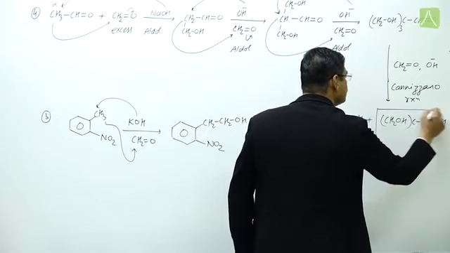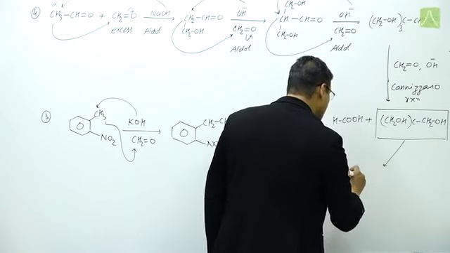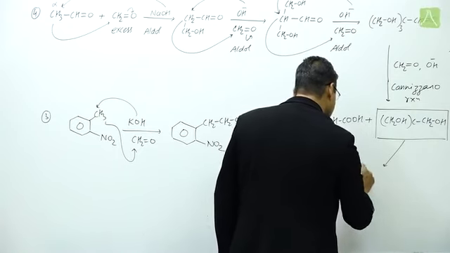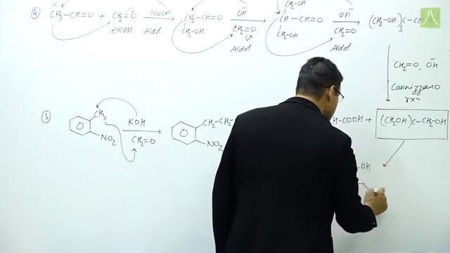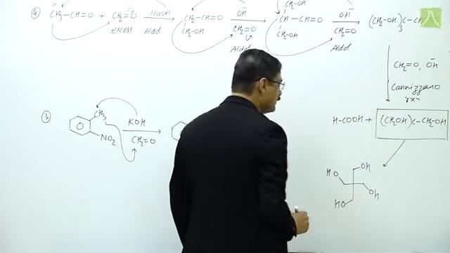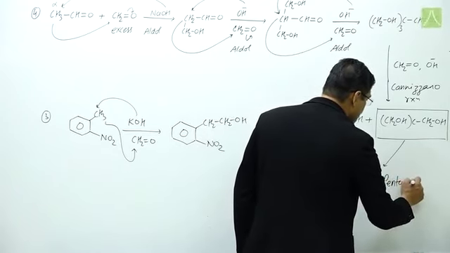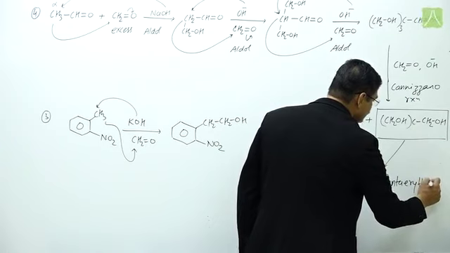This molecule is known as pentaerythritol and it can be written like this: 4 CH2OH on 1 carbon. The name is pentaerythritol.